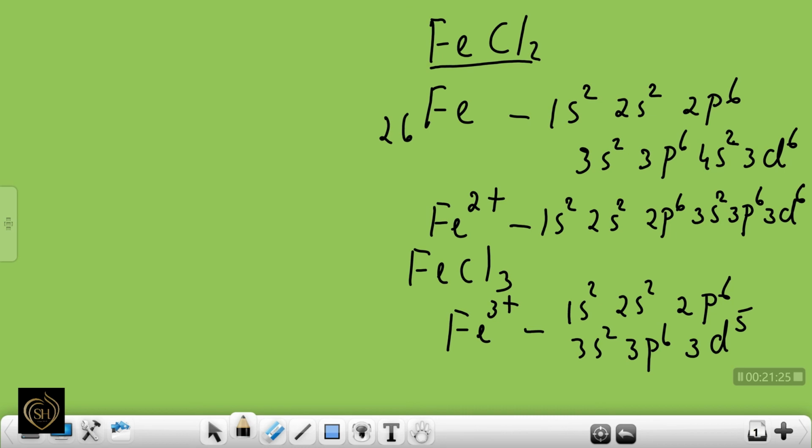So F block elements usually show variable oxidation state, and actinoids are radioactive, and uranium, thorium, etc. are used as fuel in nuclear reactors. Many of them are used as catalysts in the petroleum industry.